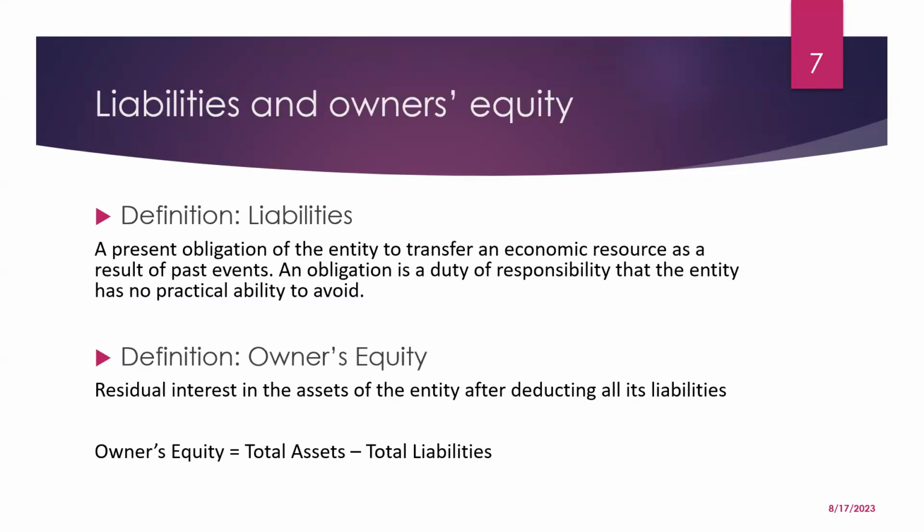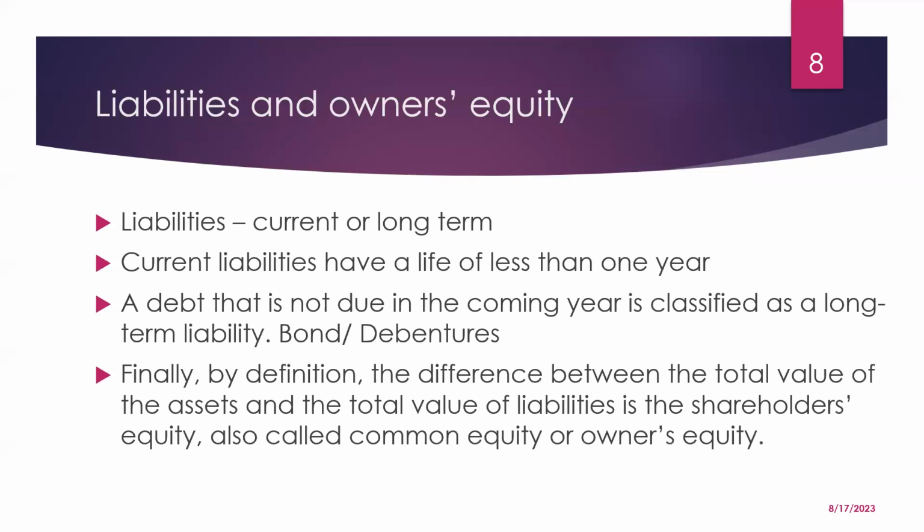And we discussed the definition of the liability and examples for liability. We also discussed that the liability can be categorized into two types, known as current liability and long-term liability. And we defined the owner's equity. I have told you that the owner's equity is the difference between the total assets and the total liabilities.